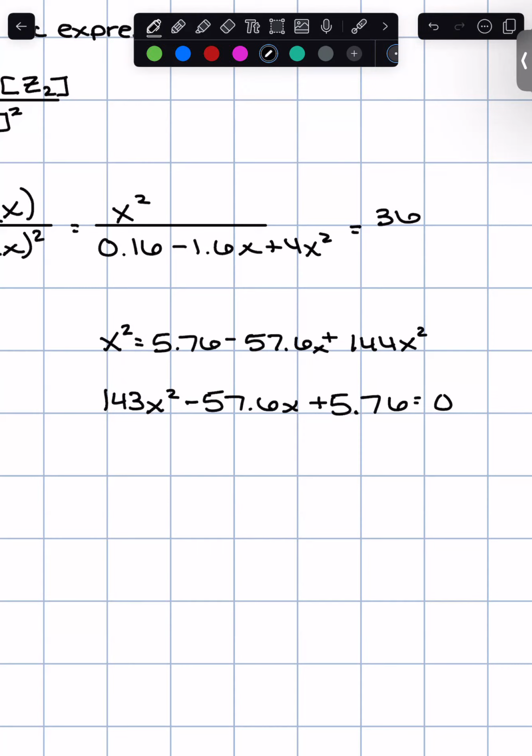Now from here, you're going to need to use the quadratic equation. So I'll do that in my calculator here real quick.